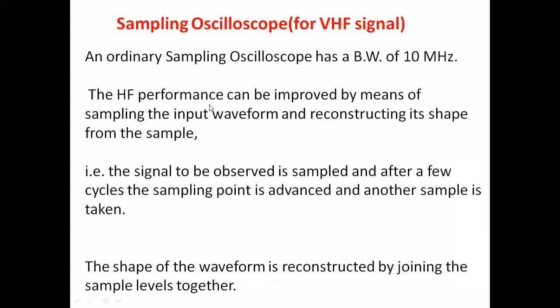Coming to the sampling oscilloscope, it is used for very high frequency signals. Generally, an ordinary oscilloscope has a bandwidth of 100 megahertz. The high frequency range can be improved by sampling the input waveform and reconstructing its shape from the samples.